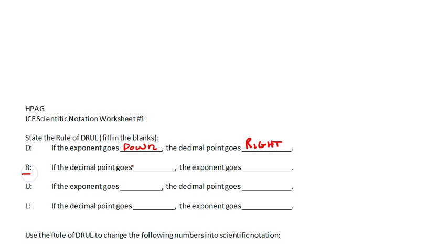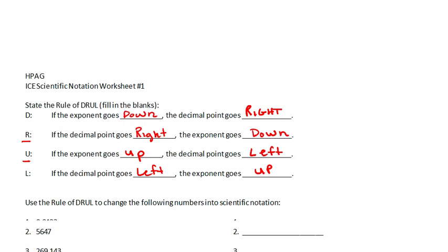R means if you're moving your decimal place to the right, then the exponent needs to go down that same number. U is if the exponent goes up, then I'm going to move my decimal point to the left. And if I move my decimal to the left, then I want my exponent to go up. All right, let's look at some examples of this.